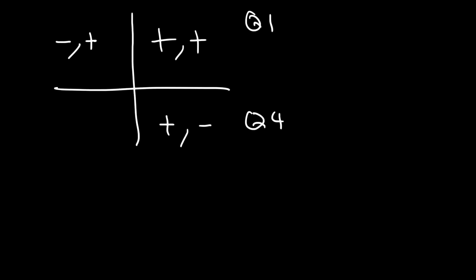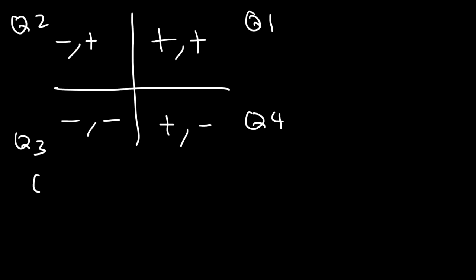Now, if F of x and F of y are both positive, it's located in quadrant 1. If F of x is positive, but F of y is negative, then the answer is in quadrant 4. If F of x is negative and F of y is positive, then the angle is in quadrant 2. And if they're both negative, it's in quadrant 3.